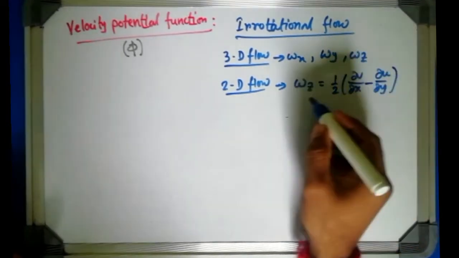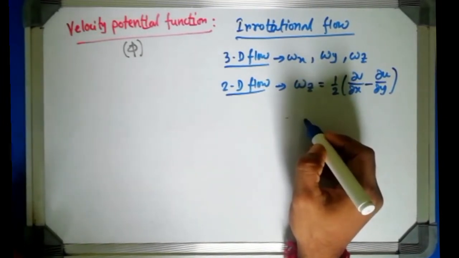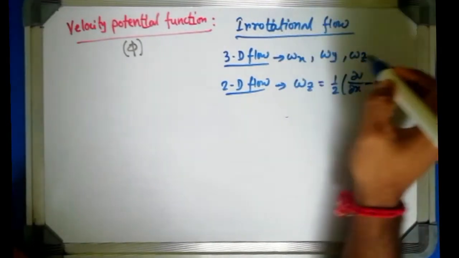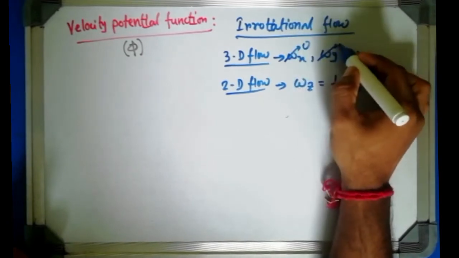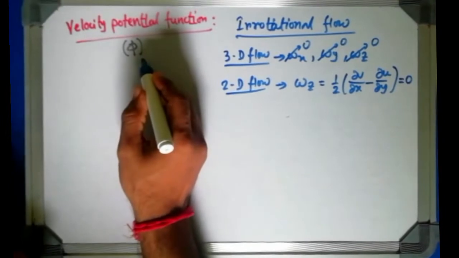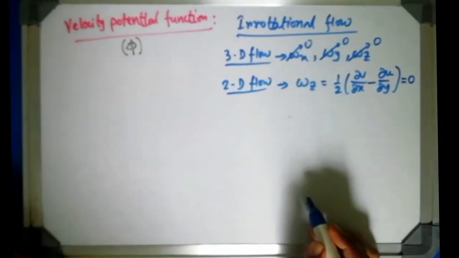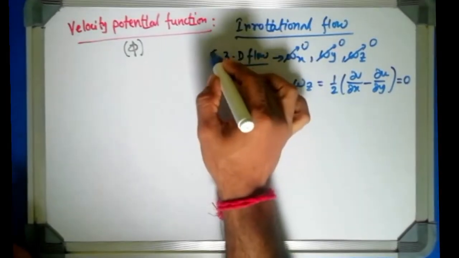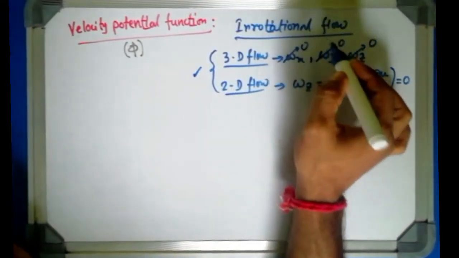It is the rotational component for 2D flow, and if the flow is irrotational, this should be 0. If it is a 3D flow, then all these parameters will be 0 for irrotational flow, because the velocity potential function is only valid for irrotational flow. It can be valid for 3D and 2D both, but the flow must be irrotational in nature.